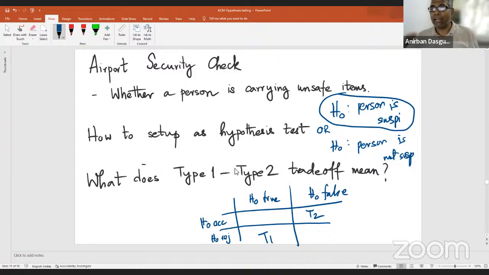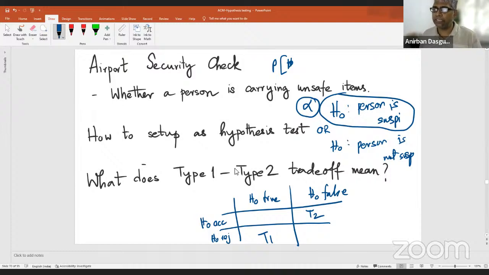That will give me enough handle to control alpha. If I take this as the H0, my type 1 error is the probability of rejecting H0, basically doing an extra check.